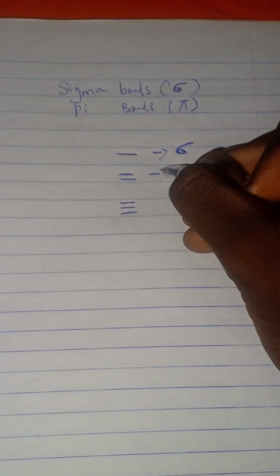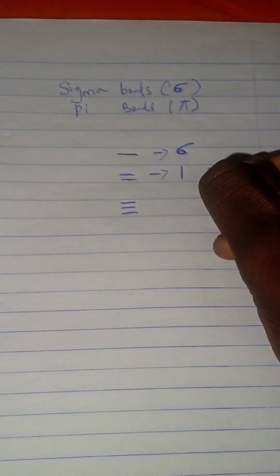So now just note this: every single bond has only a sigma bond. Every double bond has one sigma and one pi, right?